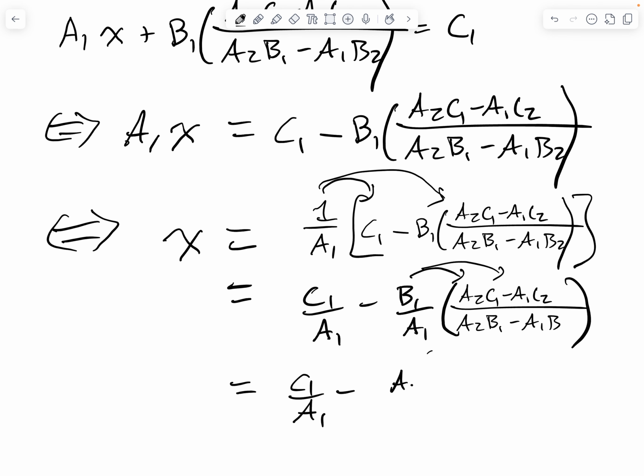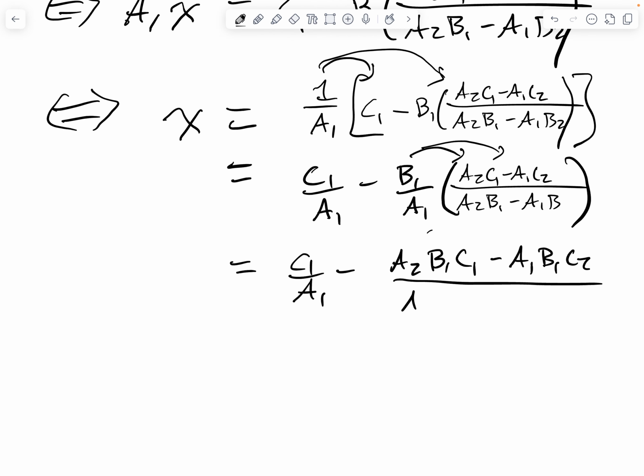We would have A2, B1, C1, and then A1, B1, C2, and then A1, A2, B1, and then A1 times itself. We call that squared. Oh, I'm missing a 2 here. Boop. See? Okay. B2. You could write it like that if you wanted to.